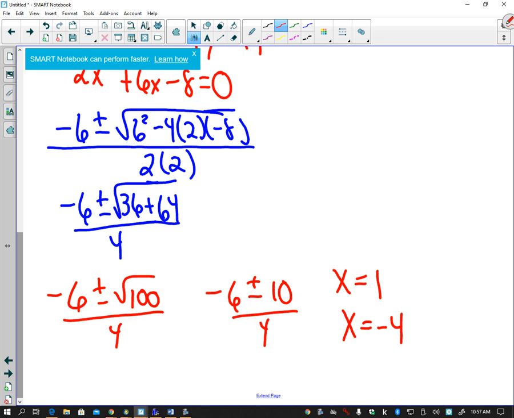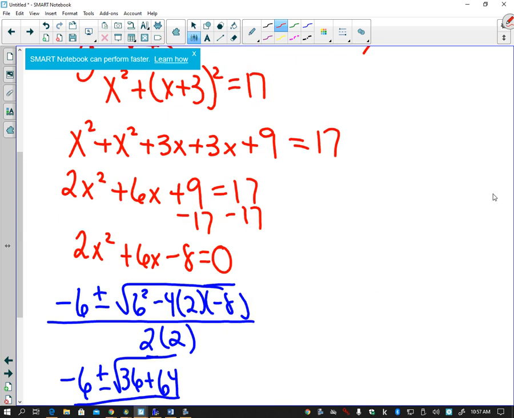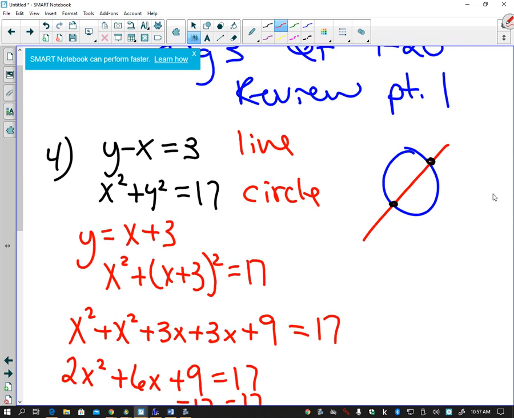Now, we're not done yet because we need the y solutions. So we come back up here, and we can just plug those into the line equation to solve for y. We had 1, so 1 plus 3 is 4.